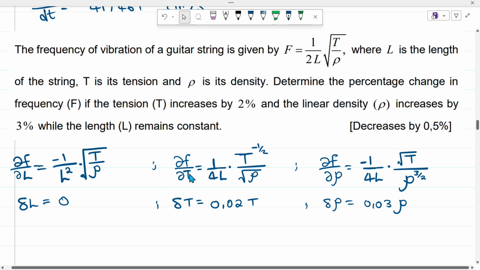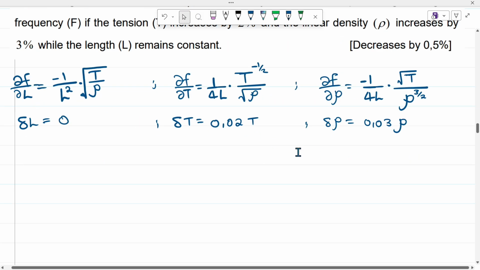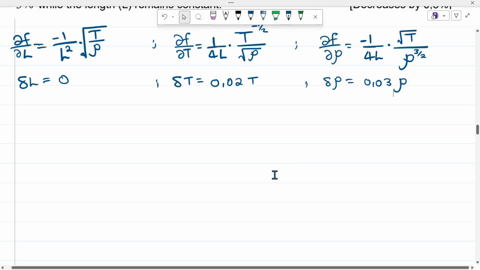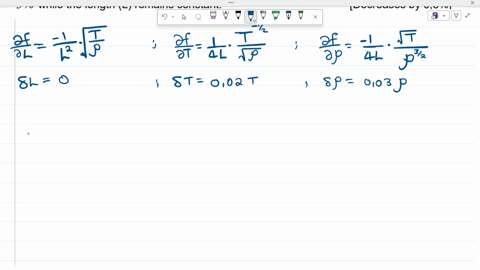So let's go. So we are going to start. All right, so now let's write our percentage change formula of the frequency.